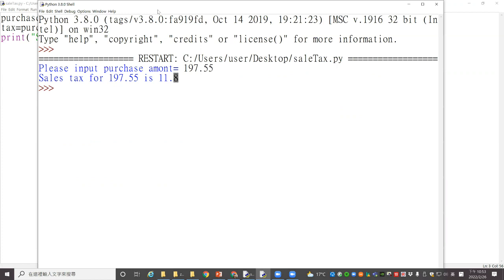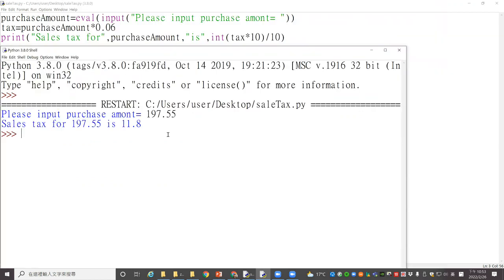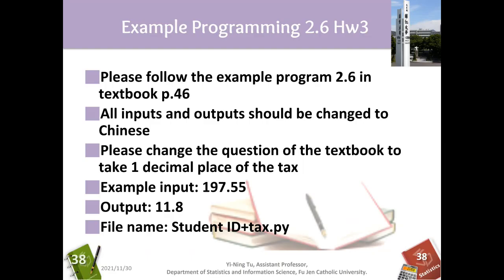So please pay attention. What is the requirement of my assignment? Maybe 1 digit, maybe 2 digits, maybe 3 digits. So this is example program 2.6, homework 3. Please follow example program 2.6 in the textbook, page 46. And all inputs and outputs should be changed to Chinese, exactly Chinese, because I don't want you just following the textbook and typing the same things.